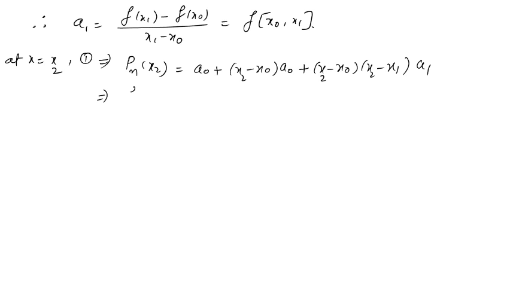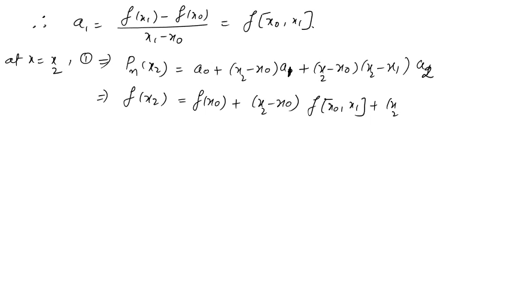So this is nothing but f of x2. a0 is nothing but f of x0, right? This is a1 and this is a2. So f of x0 plus (x2 minus x0) a1. What is a1? This expression, the first divided difference, plus (x2 minus x0)(x2 minus x1) into a2.